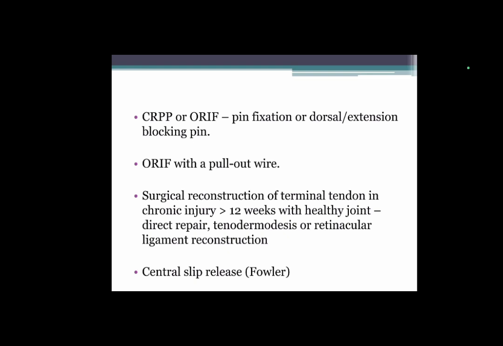Following surgery, the finger is immobilized for a period to allow healing. Physiotherapy is then initiated gradually to restore joint mobility, strength, and hand function. Whether treated conservatively or surgically, physiotherapy plays an important role in restoring finger movement and function.